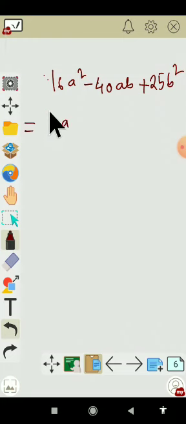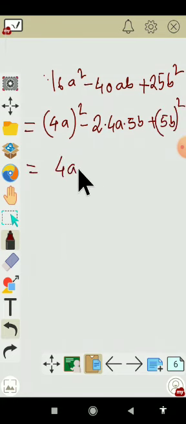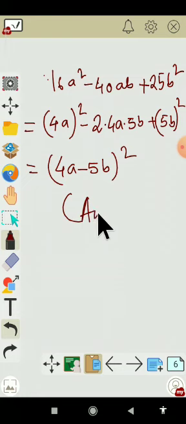So we can represent this as 4a whole square minus 2 into 4a into 5b plus 5b whole square. So finally we will get 4a minus 5b whole square. So this is the required answer.